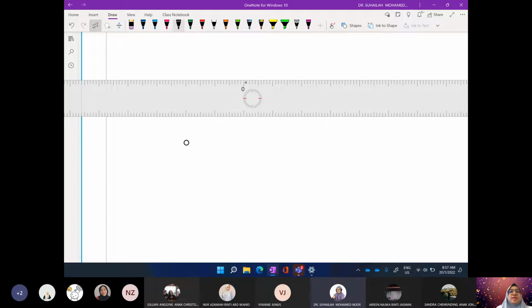The free body diagram is like this. So this is joint, this is member. We focus on member only.